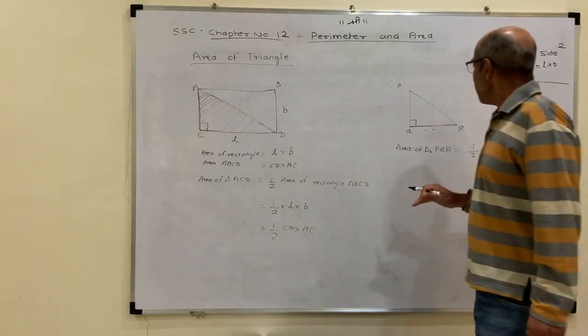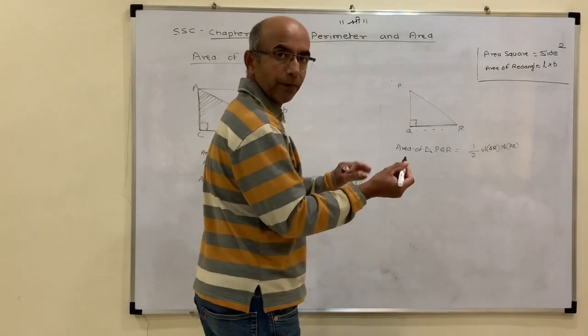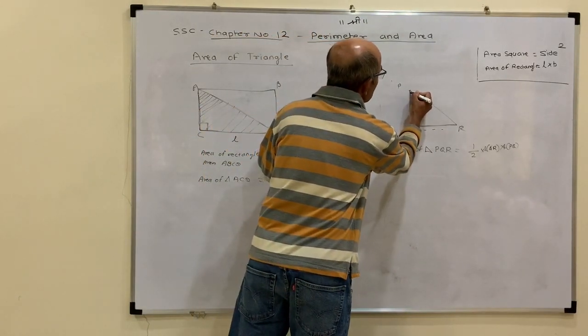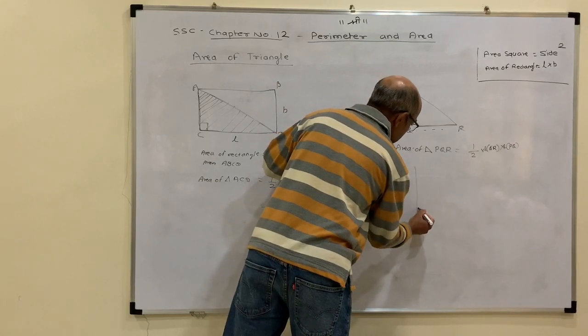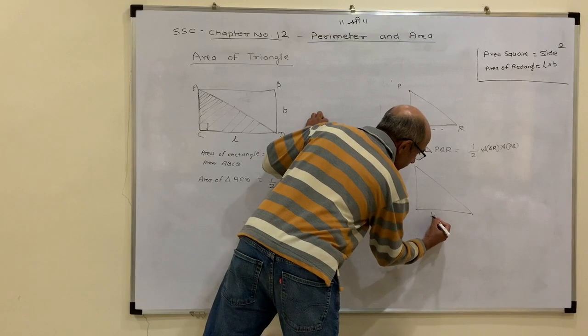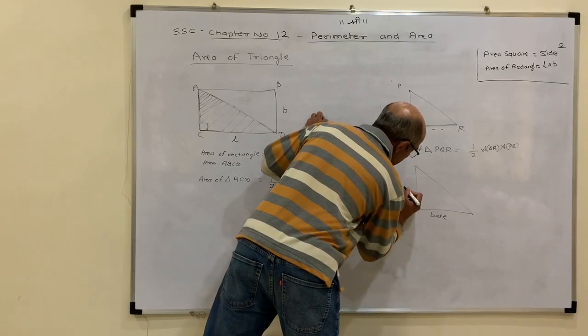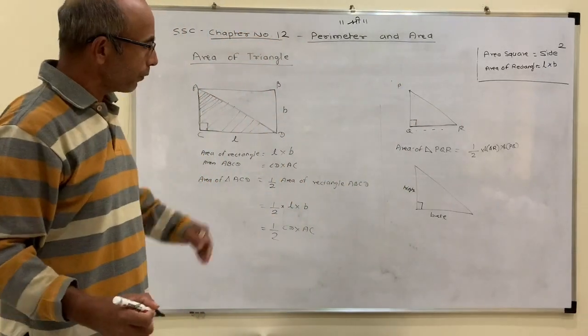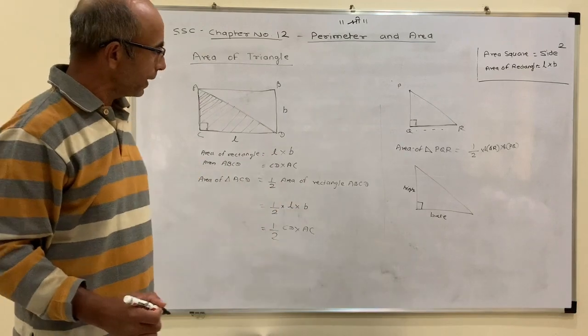Now if I write it in another form, this is the base and this is the height, since this is a perpendicular dropped from the top vertex onto the base.